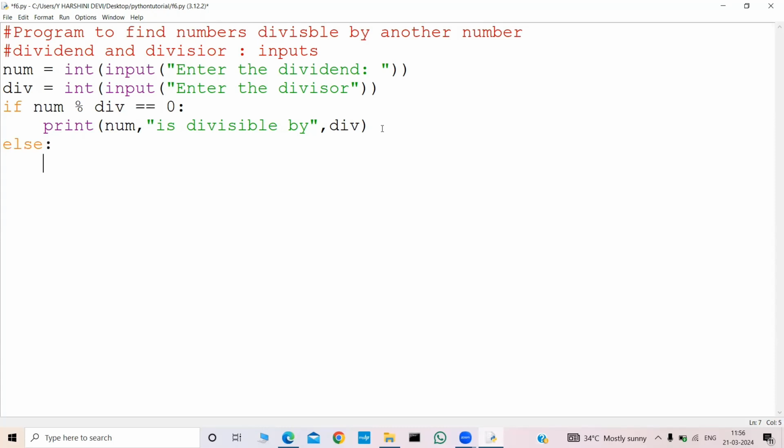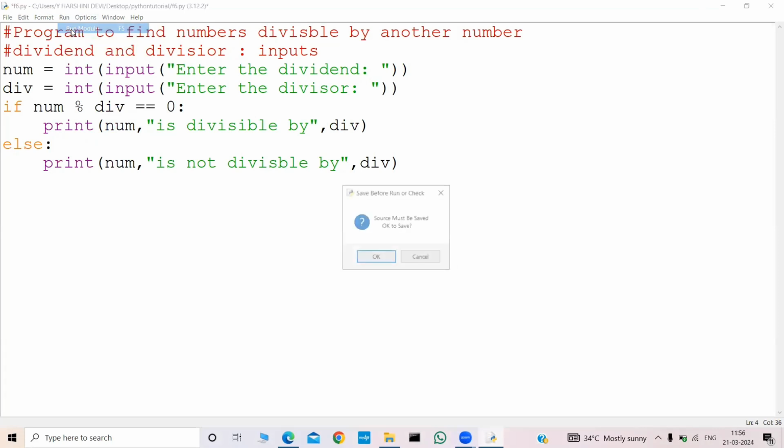Or else we can print num is not divisible by div, right? Let me give a colon here.